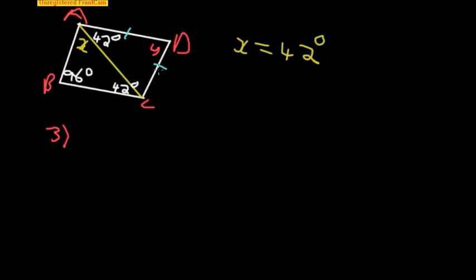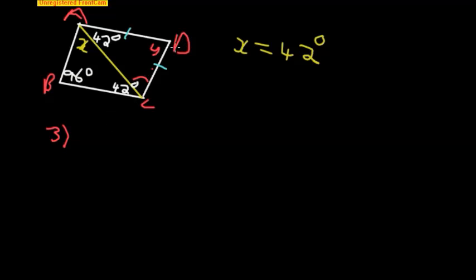So opposite this line DC, we have angle DAC, which is 42 degrees. So we know that the angle that is across the other line that's the same length, namely line AD, which is angle ACD, this angle here, should also be 42 degrees.